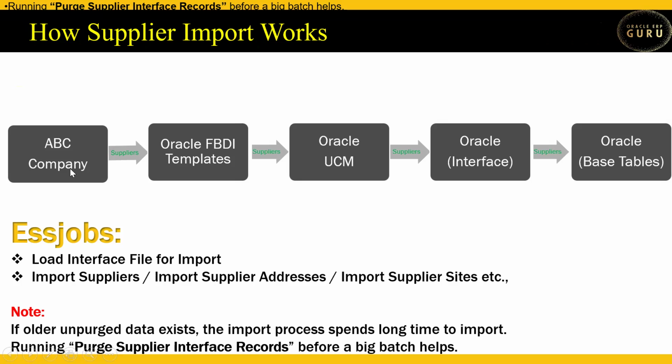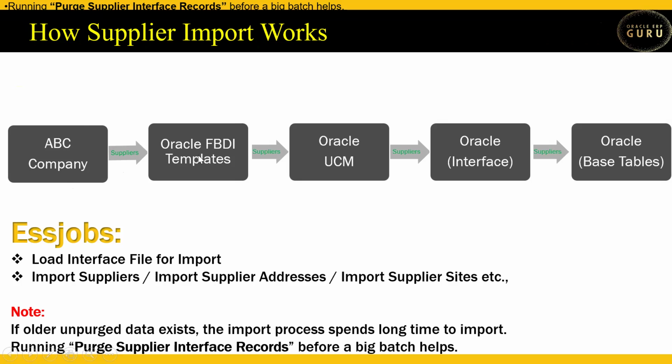In my current company, I have, let's say, 10,000 suppliers already moved into Oracle, and the newly acquired company ABC has 20,000 suppliers. I need to bring them into Oracle, right? ABC company has 20,000 suppliers, and how can I import all of them into Oracle?